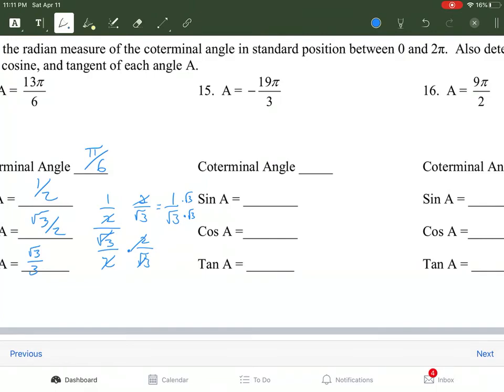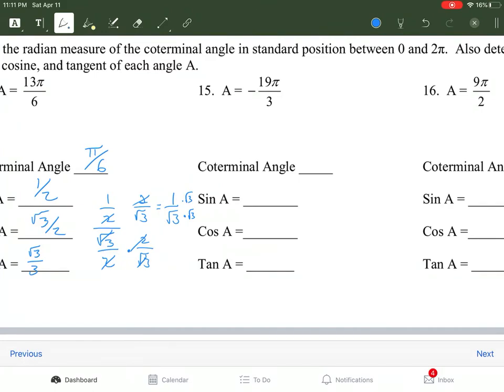The next question, we got negative 19 over 3, which is smaller than 0. It's less than 0, so we need to add 2 to this value, which is still less than 0. So we add another 2 and another 2 until we get a positive number that is above 0. I just made a mistake on my own calculator.